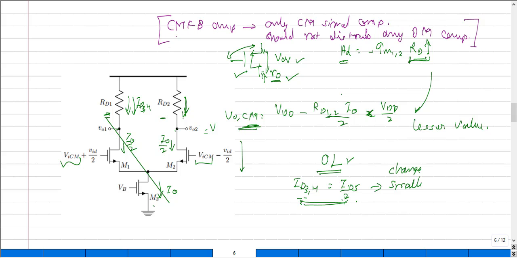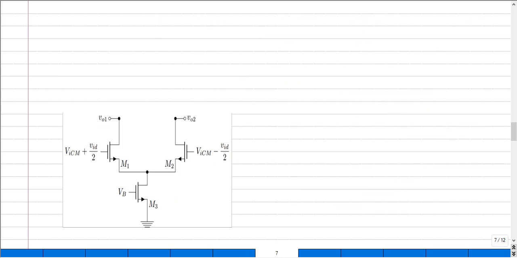In order to make sure that we always maintain this particular relation between the top current source and the bottom current sources, as a simple case, let me try to create a common mode feedback network around this particular structure. So I have to replace this RD with those current sources.